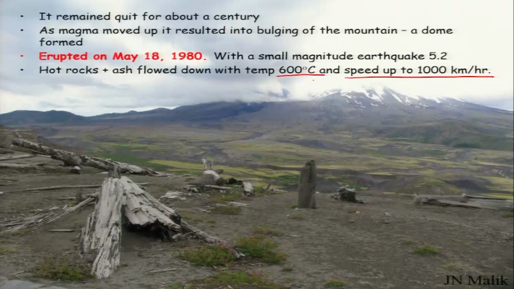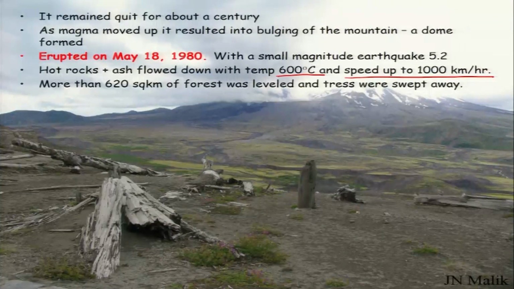And this material which was poured onto the surface through the vent, the rocks plus ash at very high temperature, melted the snow cover here, and that resulted in a lava flow or mud flows. More than 600 square kilometers of forest was completely leveled, and the trees were swept away because of the speed as well as the high temperature.